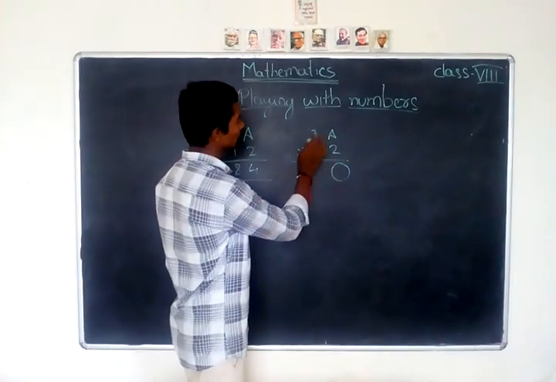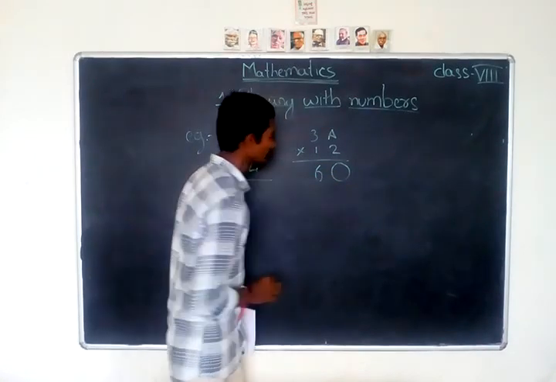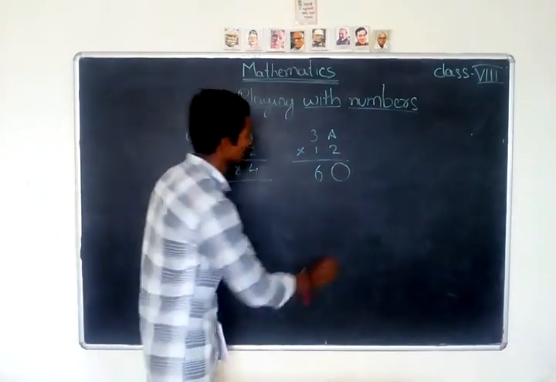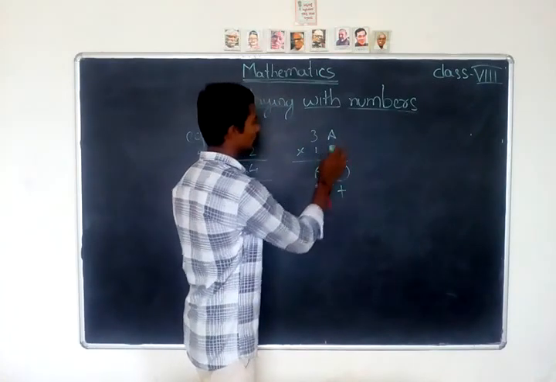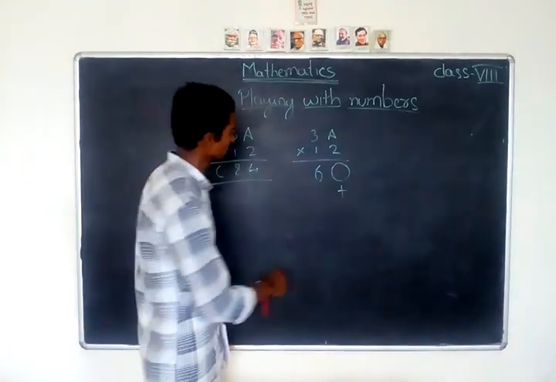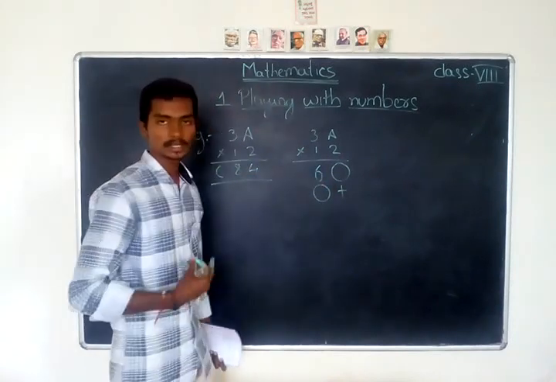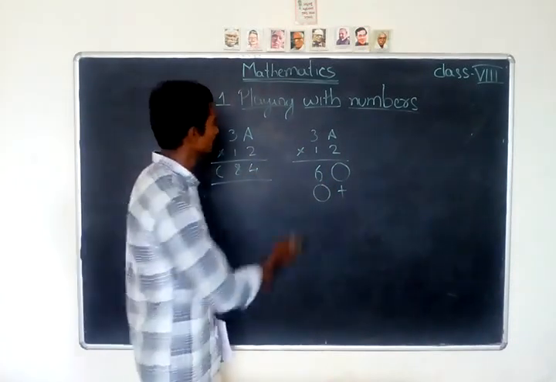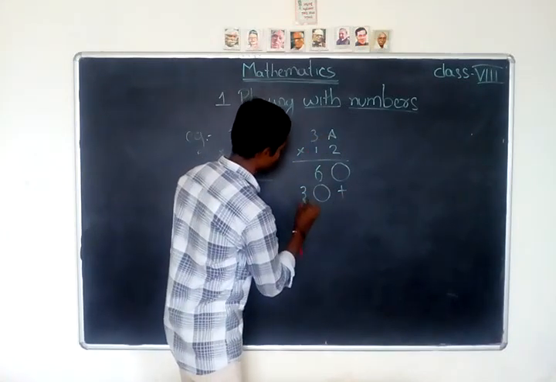Now 2 into 3 is 6. Okay, this is 6. Now next step is plus 1 into A, I'll keep it blank because I don't know the value of A, and 1 into 3 is 3.